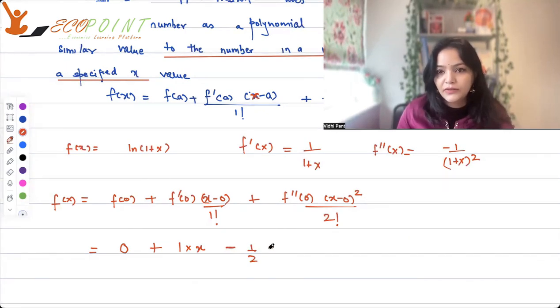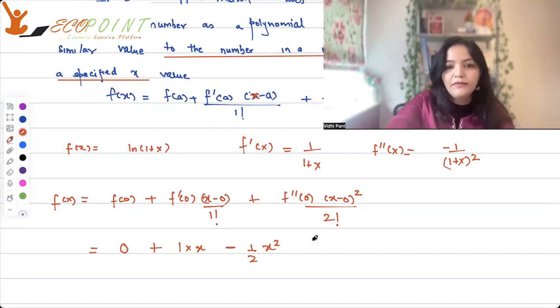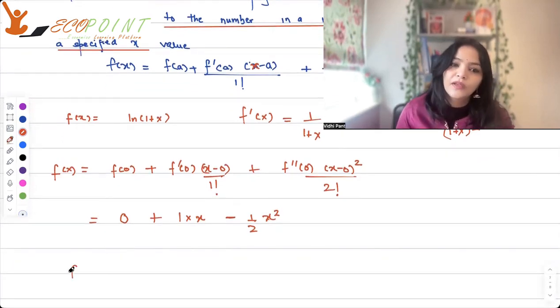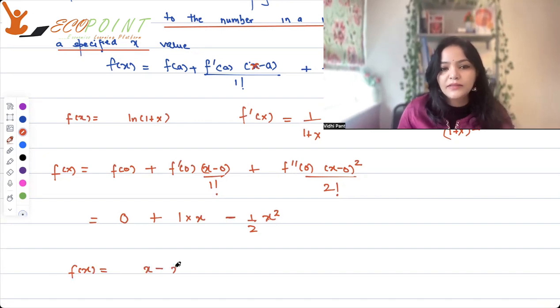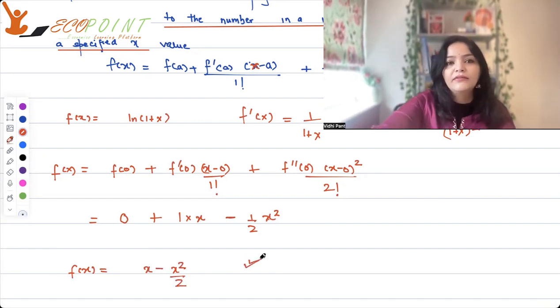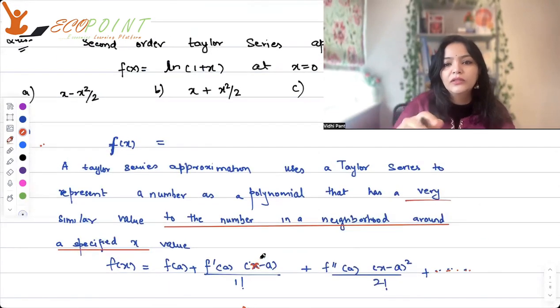So therefore, minus half into x square, right? So f(x) is equal to x minus x square by 2. That's what you are getting from the Taylor approximation.